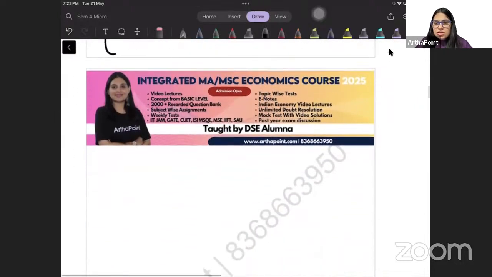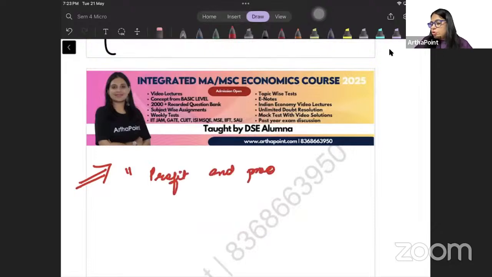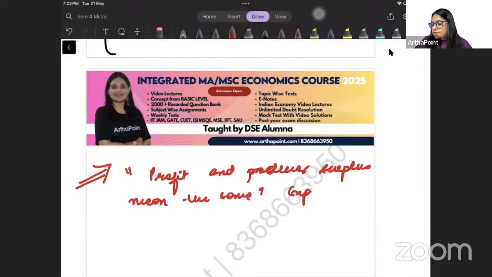I think there can be a question, please लिख लो इस question को. There is a question which can be asked in exam: true or false, justify, profit and producer surplus imply the same thing. Explain.